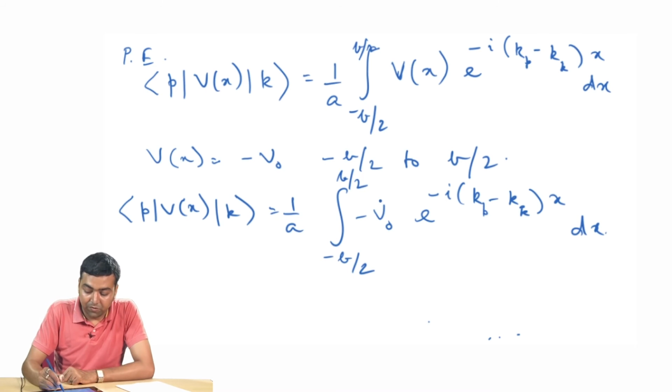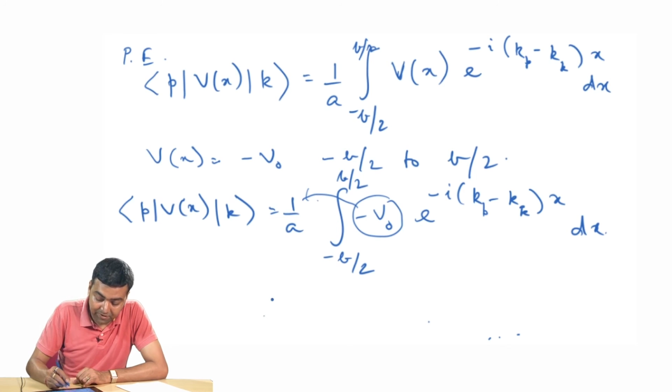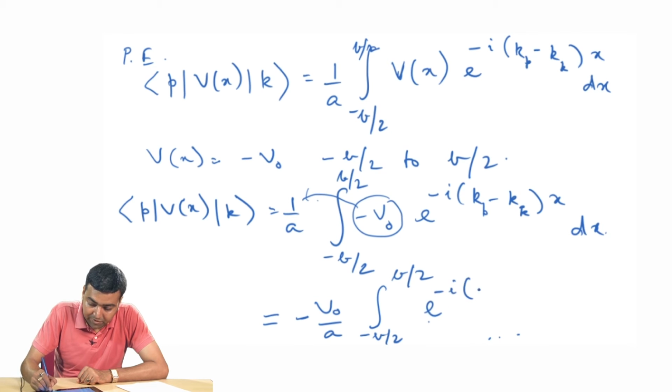This term is a constant, so I can bring it out here. So this is equal to minus V 0 by A times the integral of e to the power minus i (k p minus k k) x.